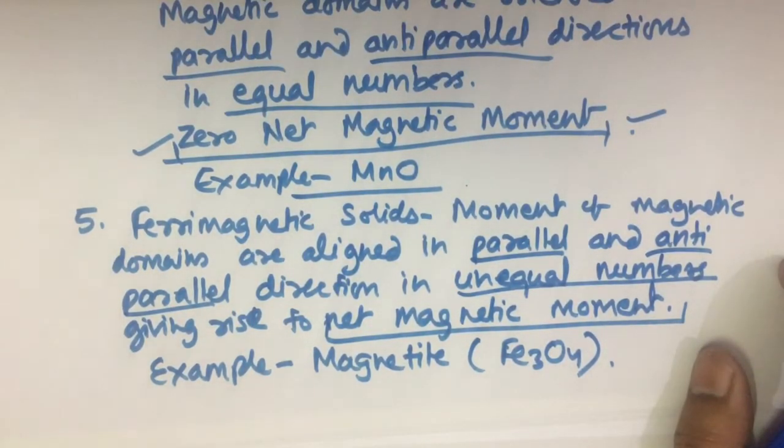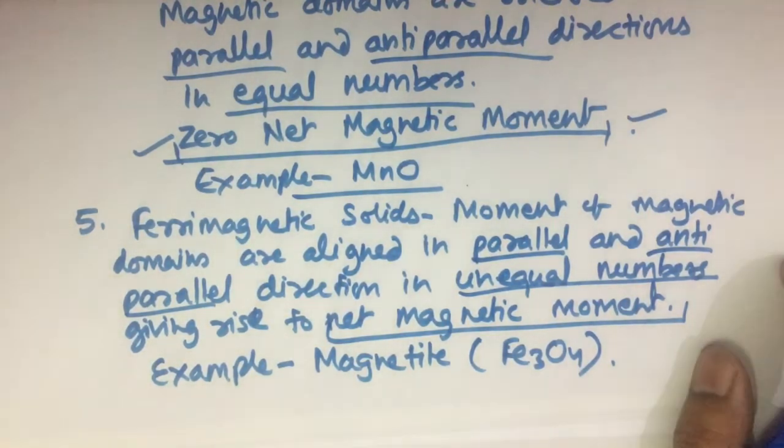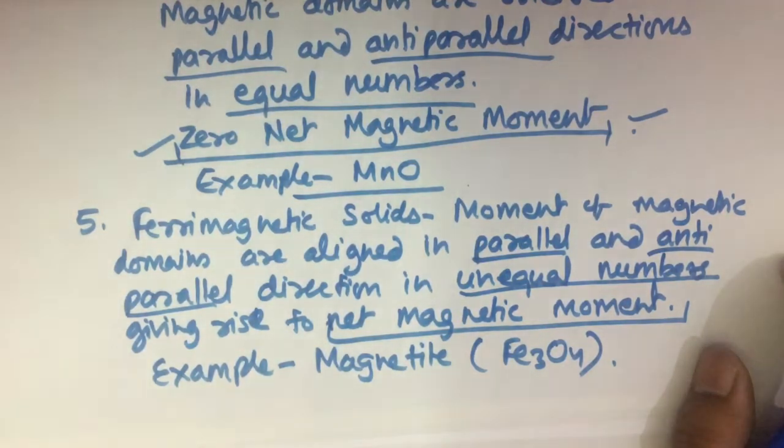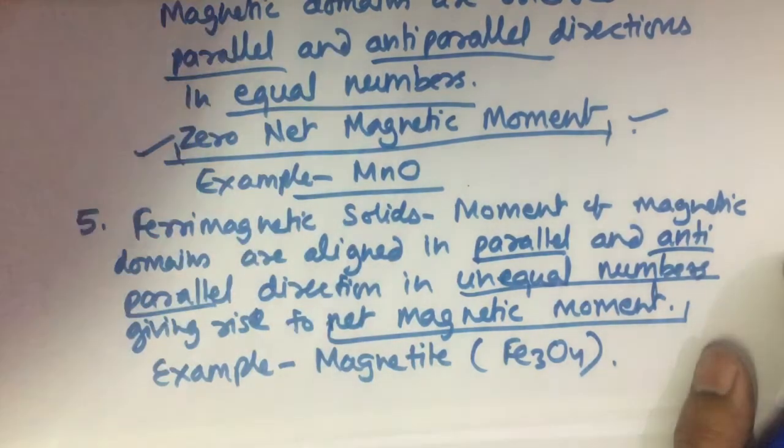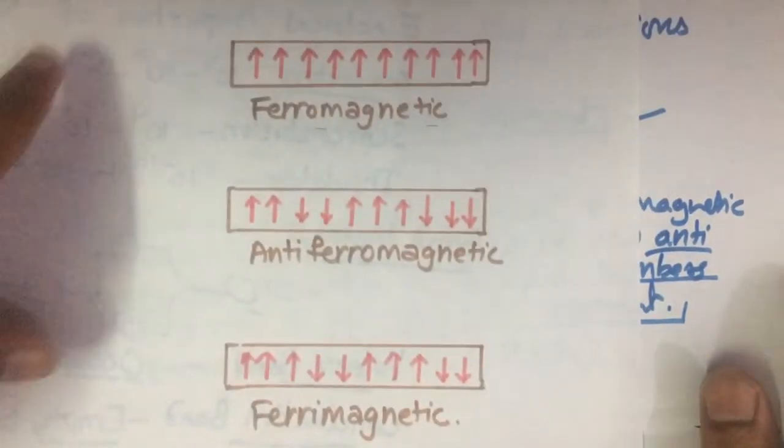Again, to summarize, a diamagnetic substance contains only paired electrons. We have a paramagnetic substance which contains at least one unpaired electron. Ferromagnetic substances are paramagnetic, but all the magnetic domains are aligned in the same direction.